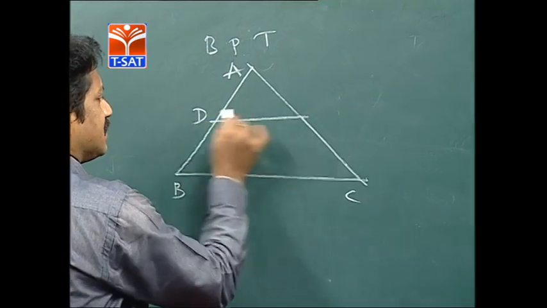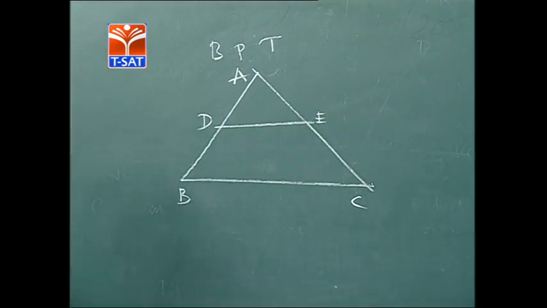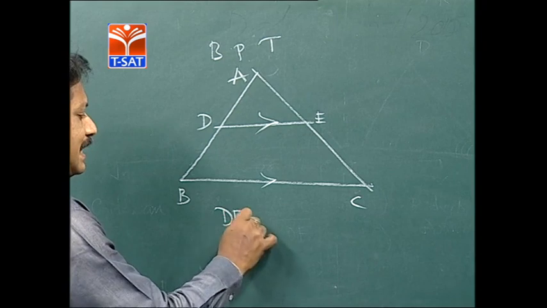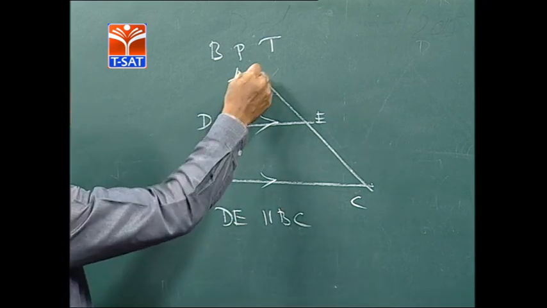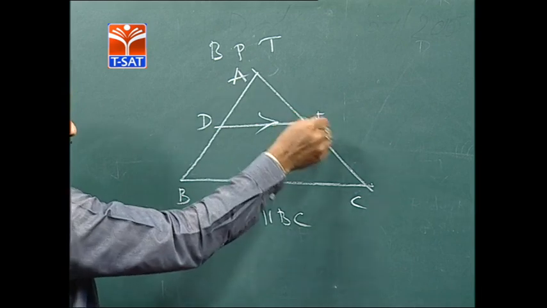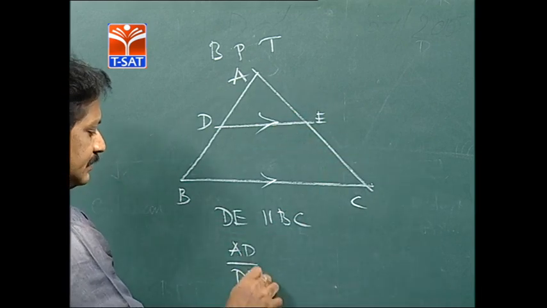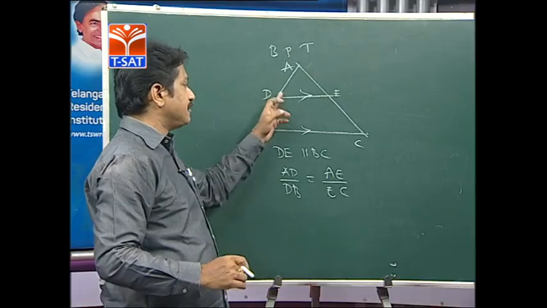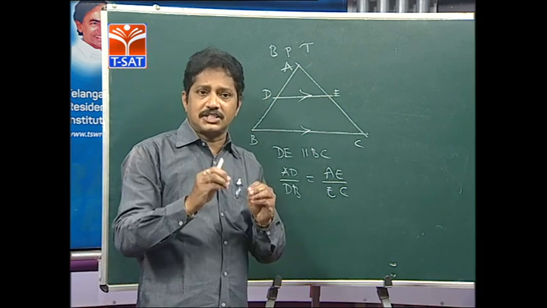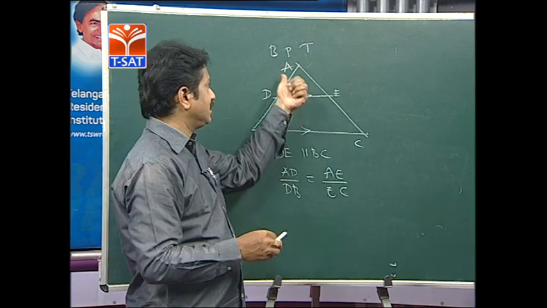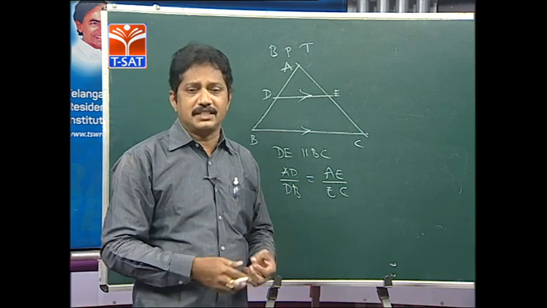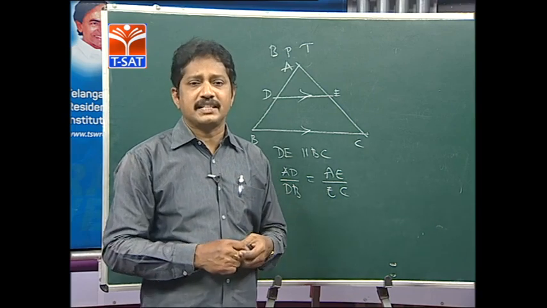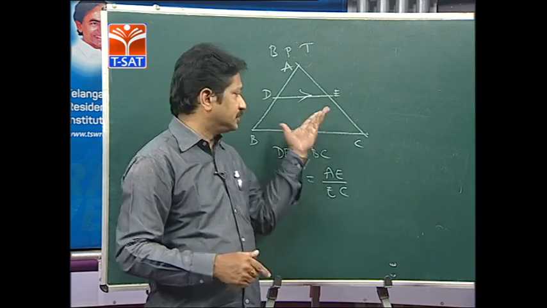When you draw a line DE parallel to BC, then AD by DB is equal to AE by EC. This is the symbolic representation of the basic proportionality theorem. In a statement: in a triangle, the line drawn parallel to one side divides the remaining two sides in proportion. So that is called the basic proportionality theorem.